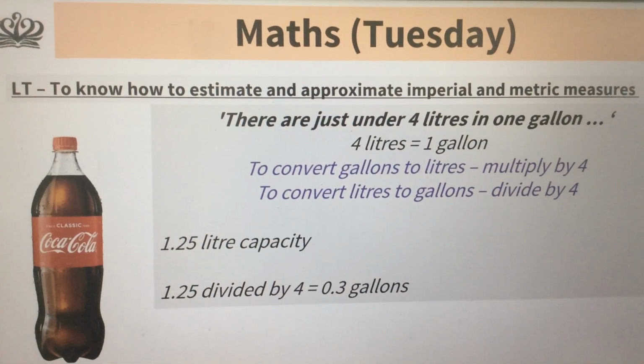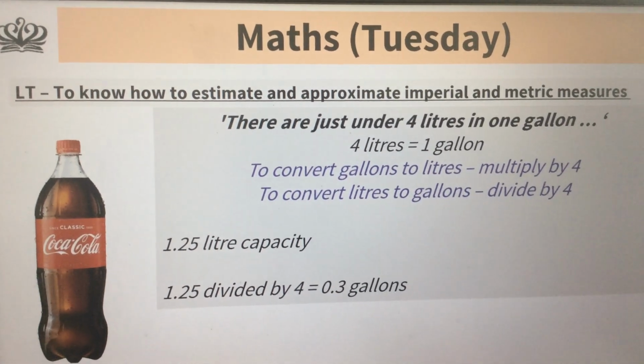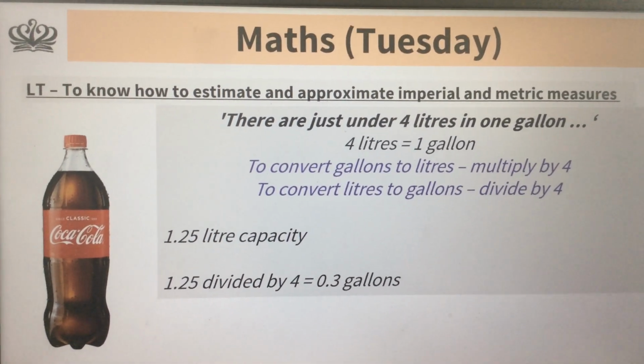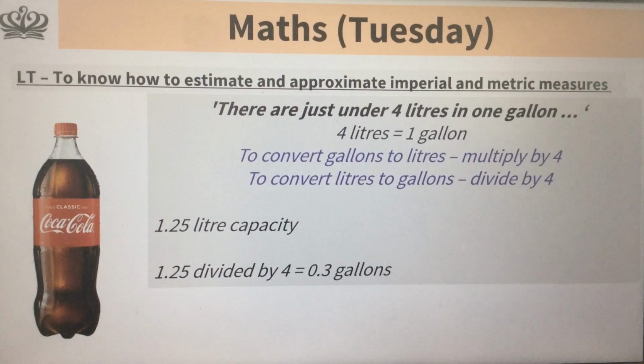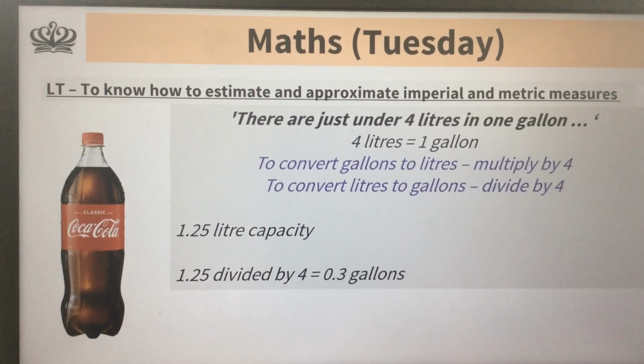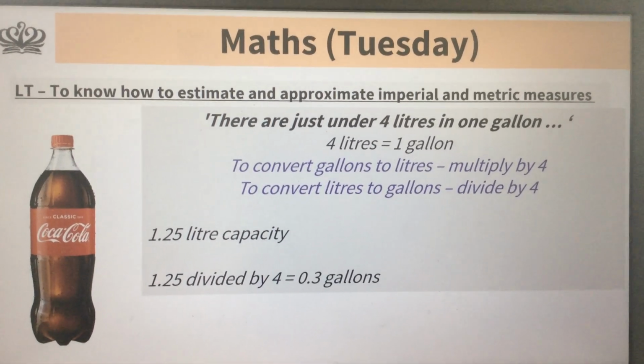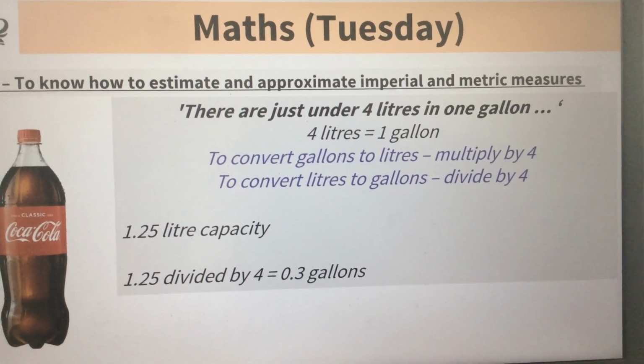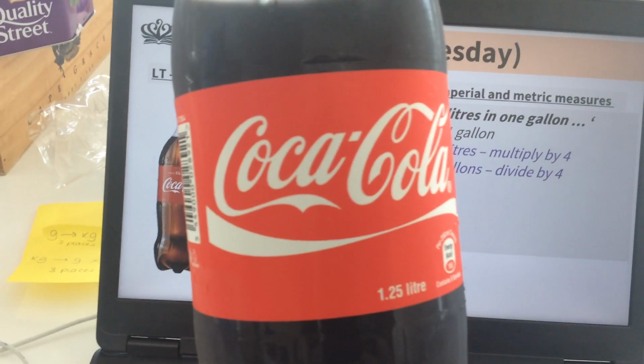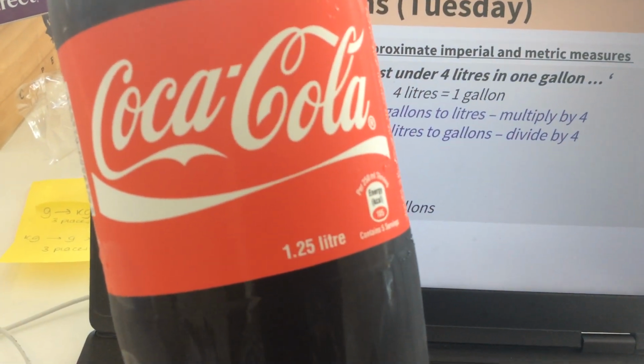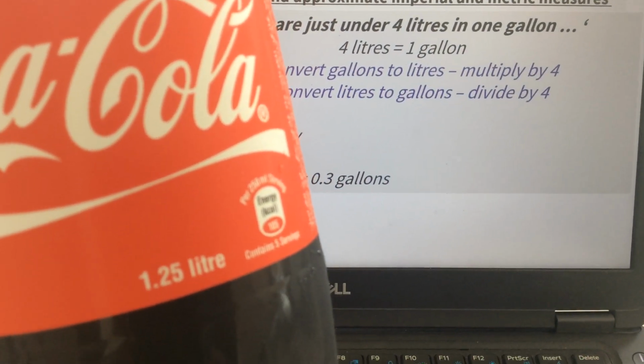Right, so the next one is one of these big bottles of fizzy drink. If you don't have a bottle of fizzy drink, that's absolutely fine. You might have a bottle of juice or a bottle of water or something like that. So I happen to have a big bottle of Coke, and this is 1.25 litres.